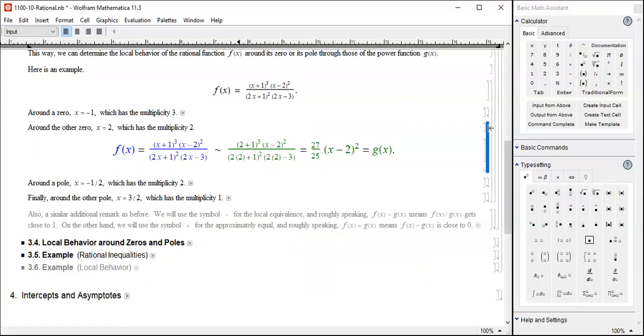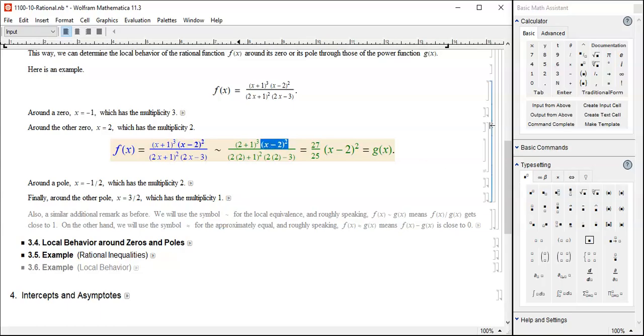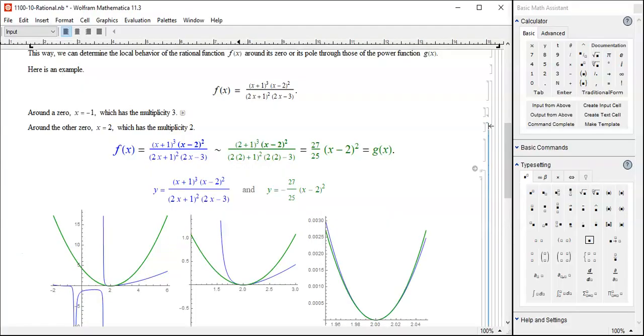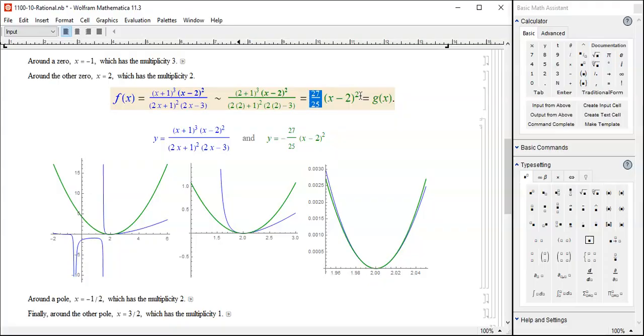Here's another example. Around x equals 2, keep this, and then to everything else, plug in x equals 2 and do your computation. You have a constant, and then this is a power function, second degree, so it's going to be parabolic. As you can see, same local behavior. In larger scale, it's kind of difficult to see, but in small scale, you can clearly see this.